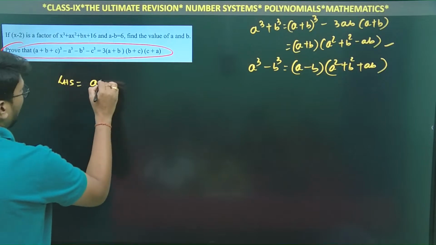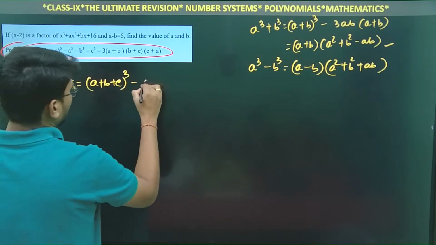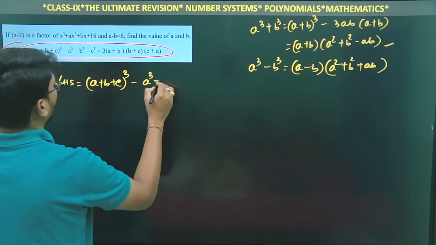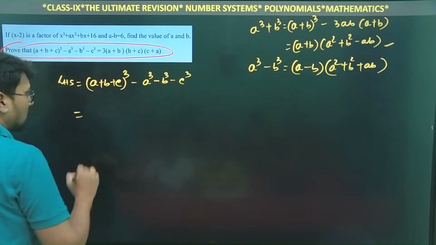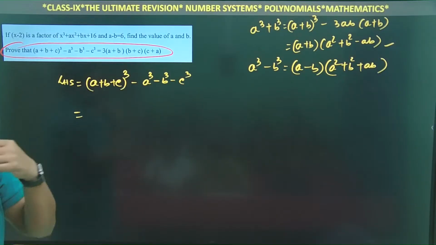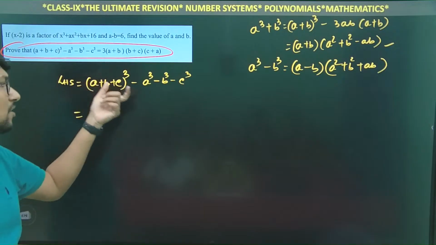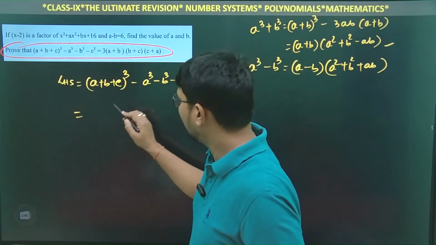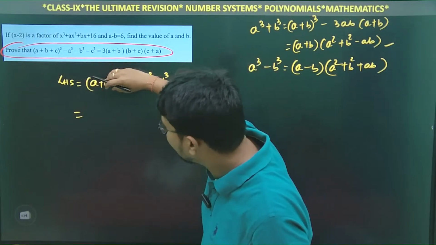LHS is a plus b plus c whole cube minus a cube minus b cube minus c cube. Now check, children, a plus b plus c whole cube, what shall I take? A plus b or b plus c, you can take either. Check what we will do here. We will not touch this 3. We have to only expand this one.